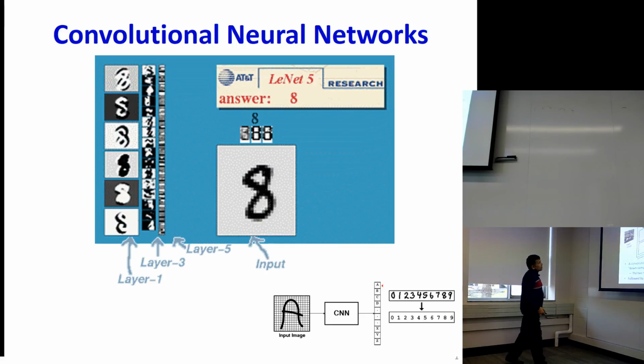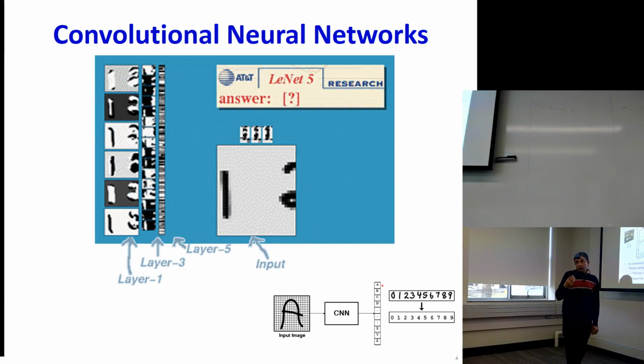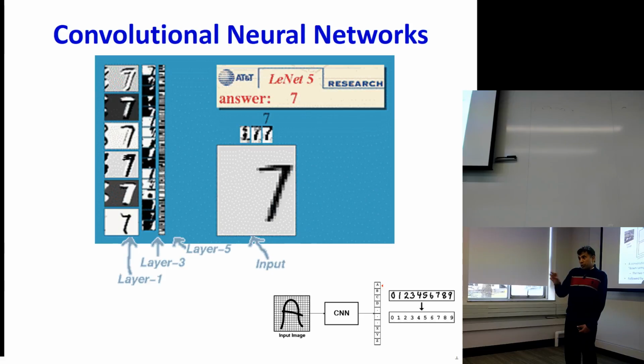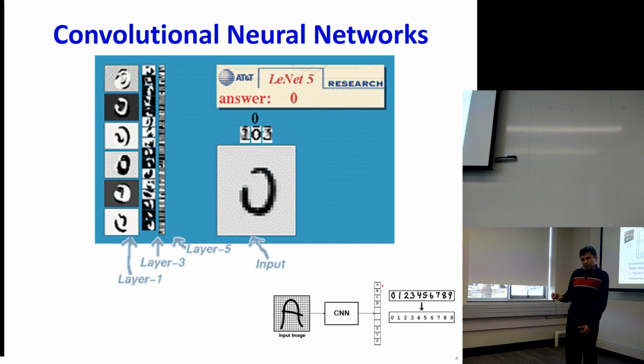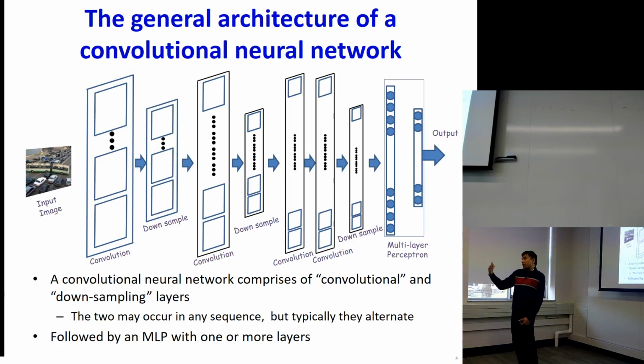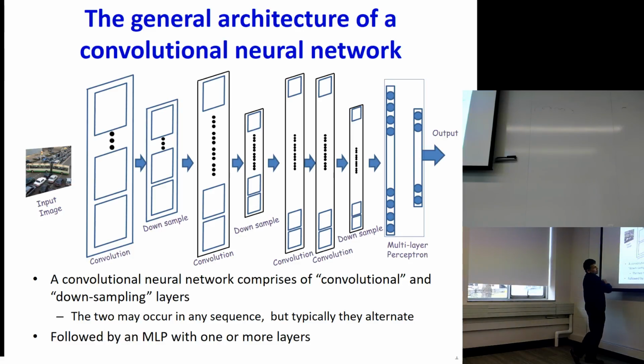So here's the general picture. This was a convolutional neural network. It's convolutional simply because you're using convolution to produce each of the S and C maps. Other than that, it's exactly the same as Fukushima's original model with supervision, right? So a convolutional neural network comprises convolutional and downsampling layers, and the two may occur in any sequence, but typically they alternate.